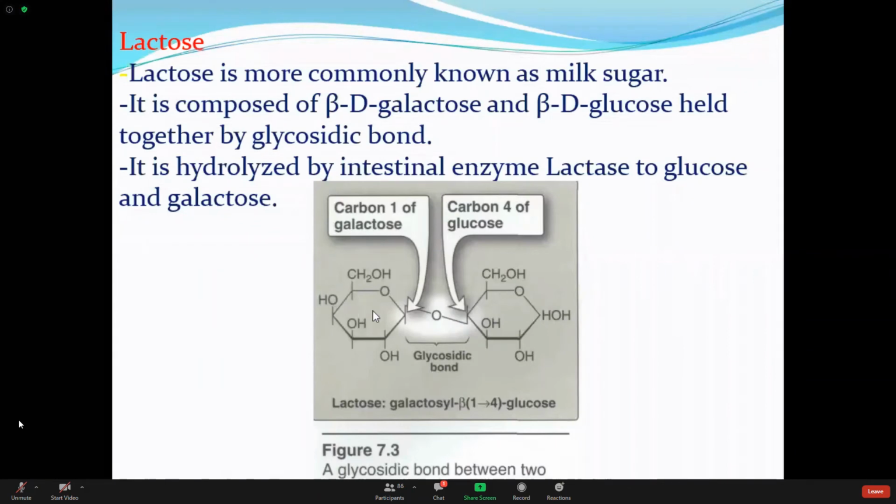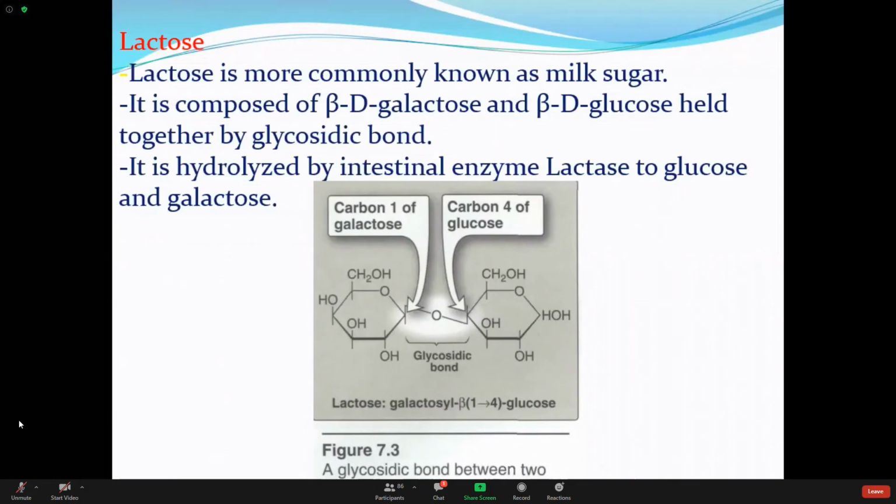Lactose is composed of galactose and glucose held together by a glycosidic bond or glycosidic linkage. Now I am calling it a 1,4 glycosidic linkage. So why 1,4? That you have to understand.